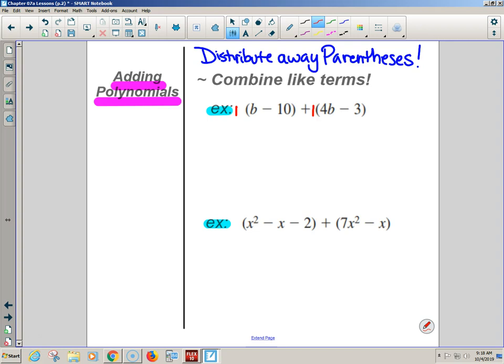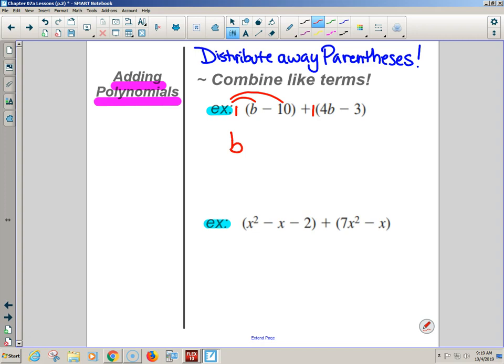Now the nice thing is, if there's just a positive 1 in front, what's positive 1 times anything? Positive 1 times 5 is 5. Positive 1 times negative 100 is still negative 100. So what's positive 1 times b? Still b.